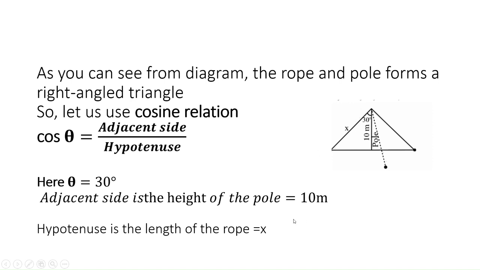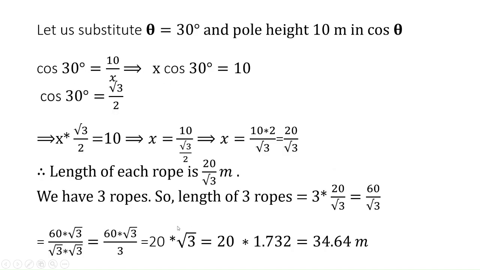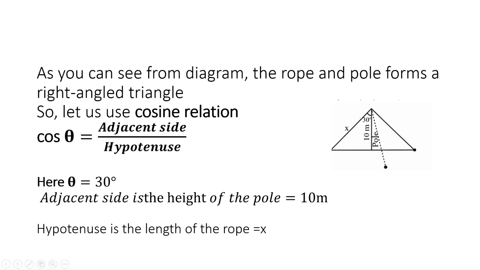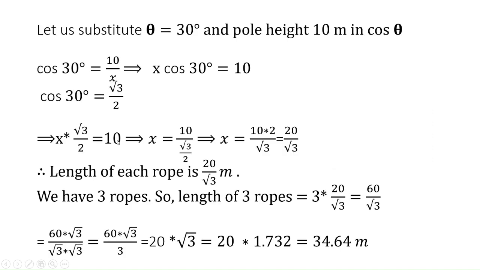So just substituting theta value as 30 degrees, what does it become? Cos 30 is equal to adjacent side by hypotenuse. This is the simple trigonometric ratio that we know. Just we are substituting those values. Cos 30 is equal to adjacent side, which is 10 meters, by x. X we don't know, hypotenuse, which is nothing but the length of the rope.